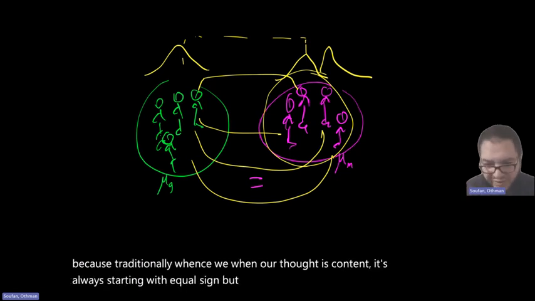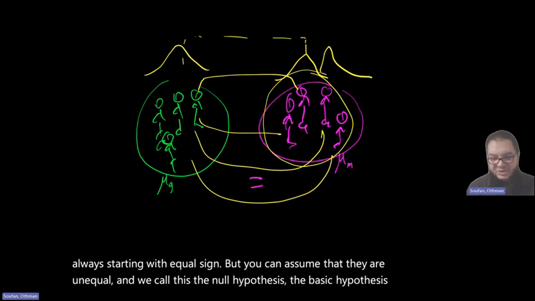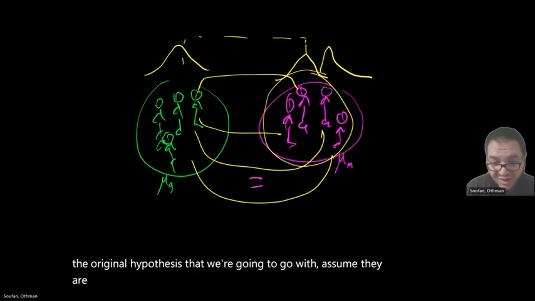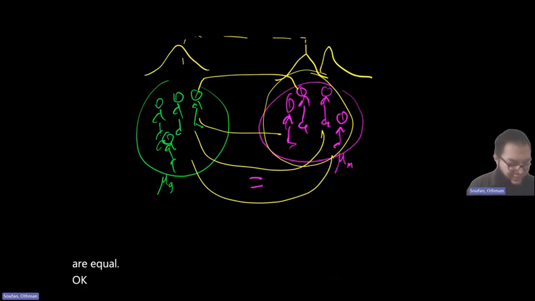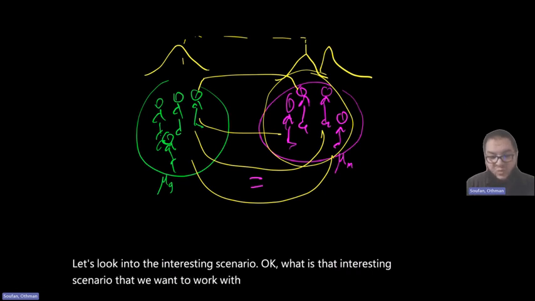We call this the null hypothesis, the basic, original hypothesis that we're going to go with. Assume they are equal. Now let's look into an interesting scenario, given what we are referring to as the null hypothesis here.